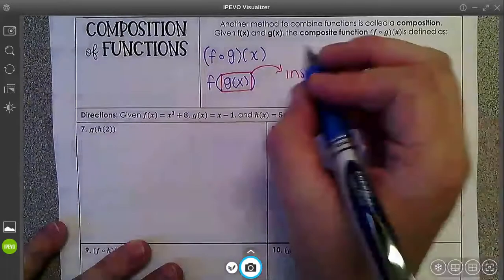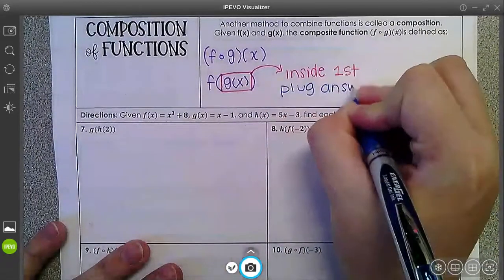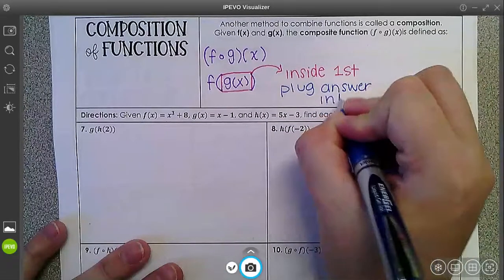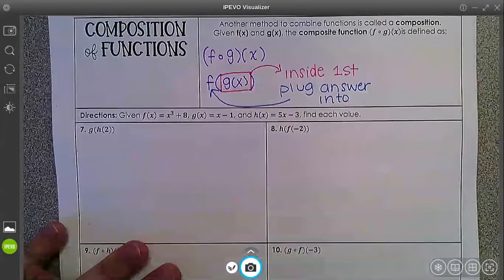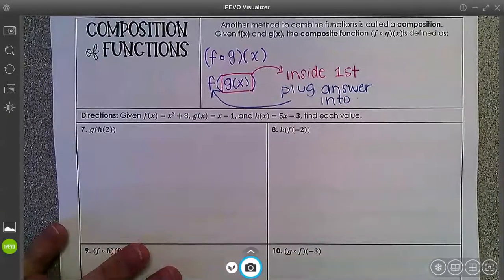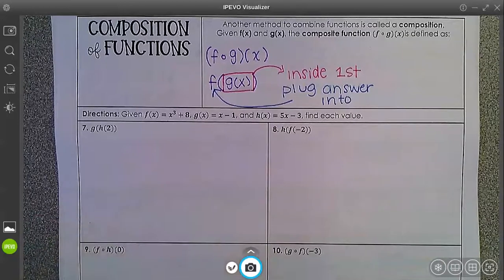Then we take that answer and plug it into whatever function is on the outside. So we won't necessarily be plugging in the same number each time. But it's always important that you do the inside one first, or the farthest right one, the last one. Kind of working backwards.